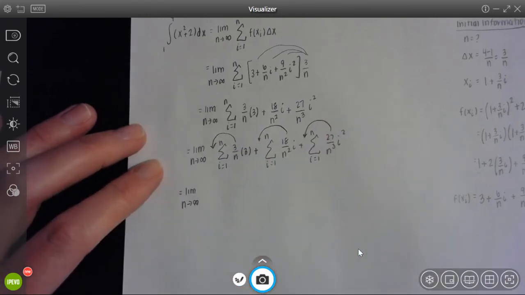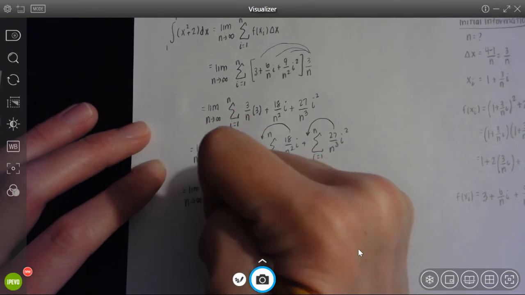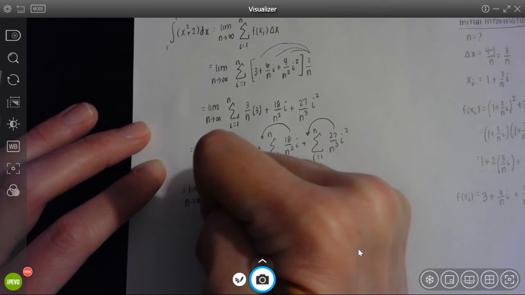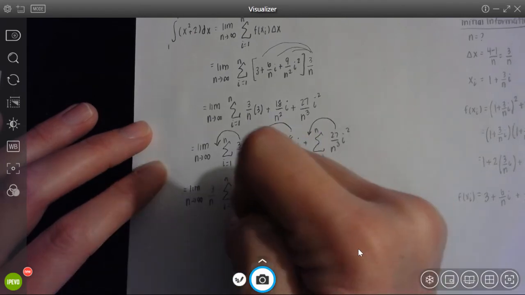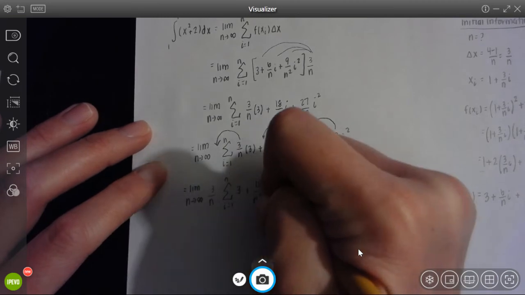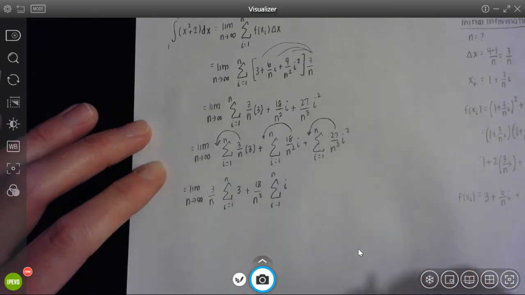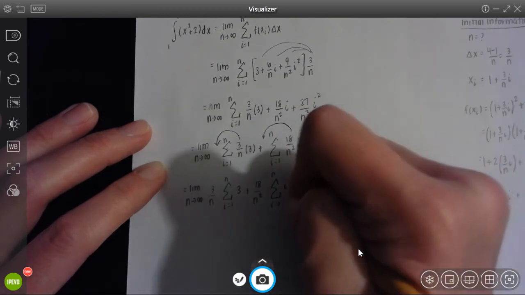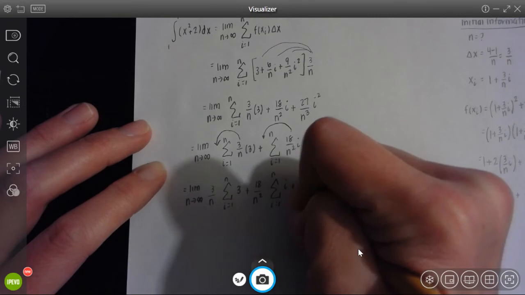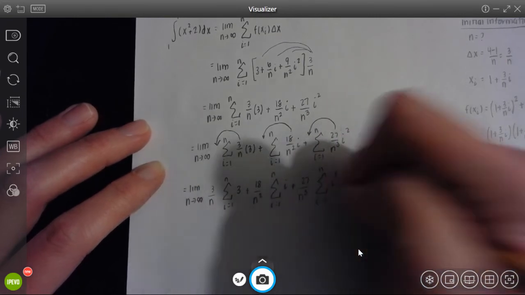So I'm going to bring down my limit, and write this as 3 over n times the summation of just my 3, plus bring over the 18 over n squared times the summation of just my I, and then bring over the 27 over n cubed times the summation of my I squared.